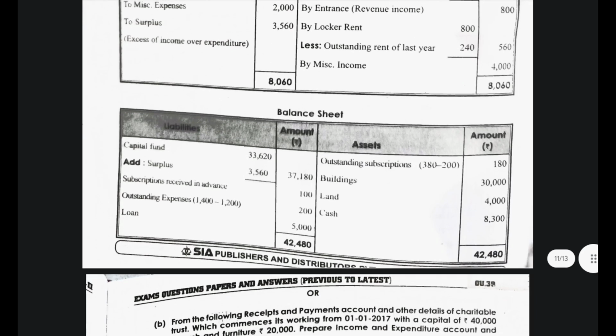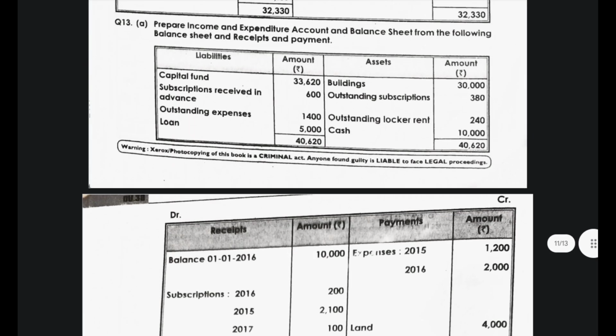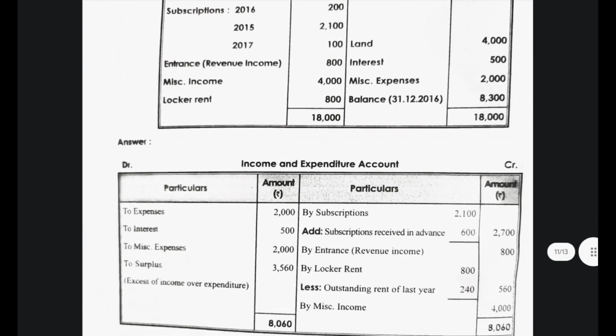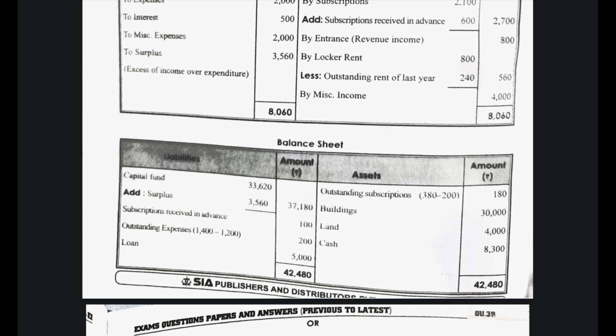Now come to the balance sheet. In the balance sheet already we have the capital fund, 33,620, in the opening balance sheet. Capital fund is given. In the balance sheet these are the liabilities and these are the assets. So capital fund we have taken, add surplus. This surplus 3560 we got, that we have to add.